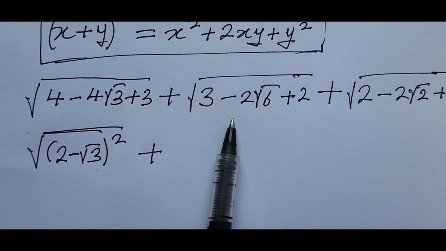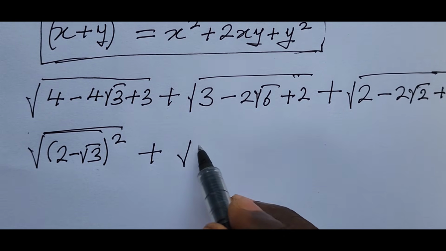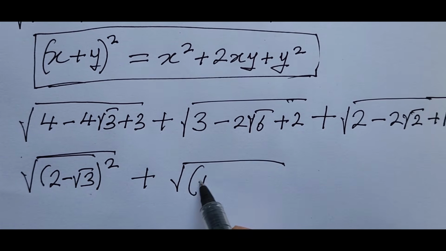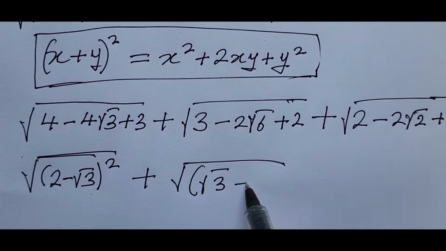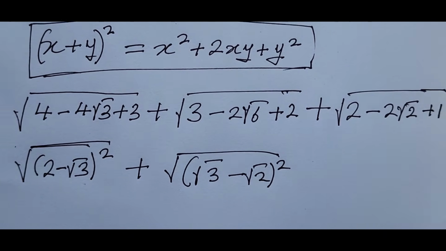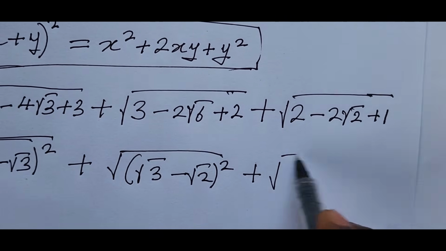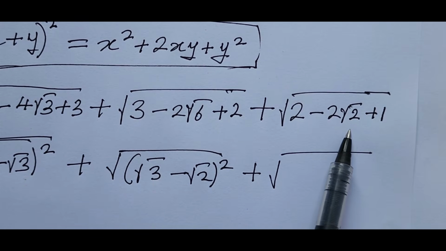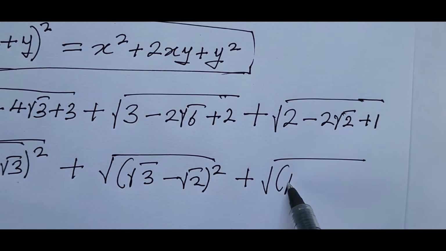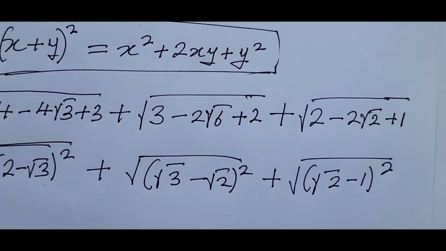Look at 3 minus 2 root 6 plus 2. This will also be written as the square root of the bracket, the square root of 3 minus the square root of 2, all raised to the power of 2. Easy. And then the last one, 2 minus 2 root 2 plus 1, will be written as the square root of the bracket, the square root of 2 minus 1, all raised to the power of 2.